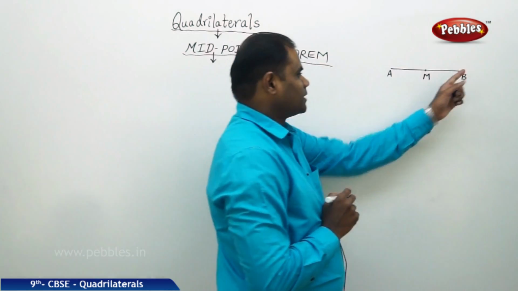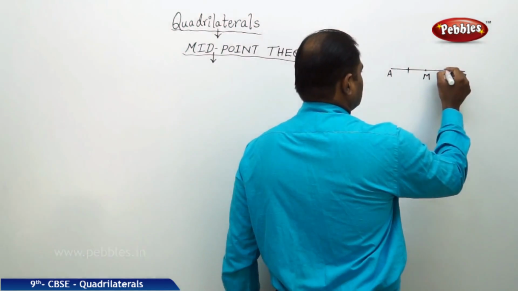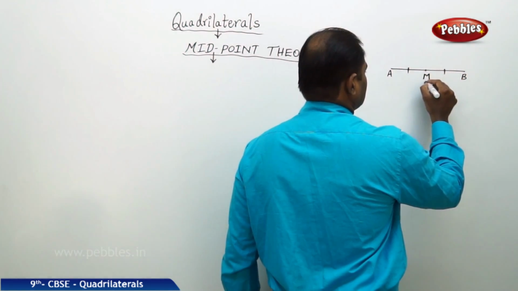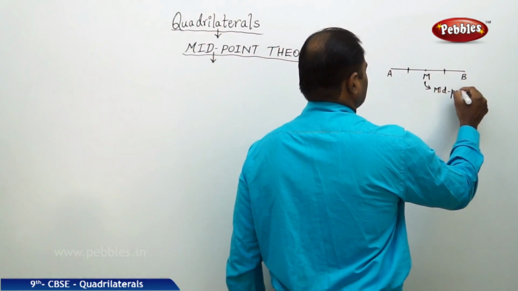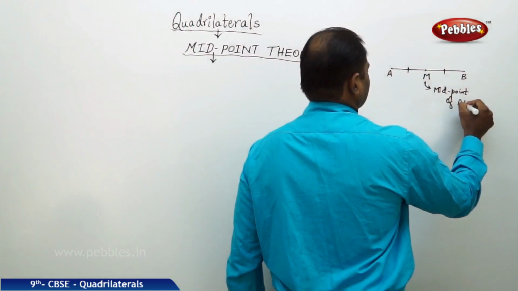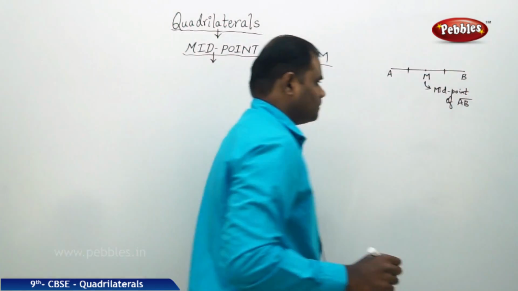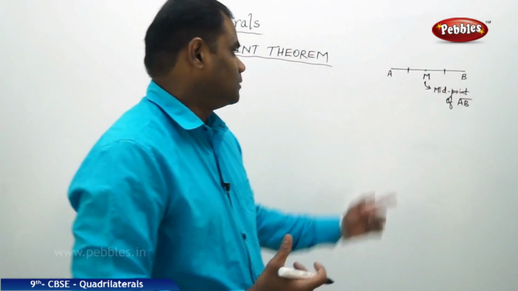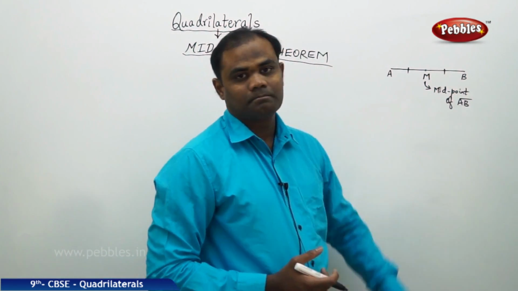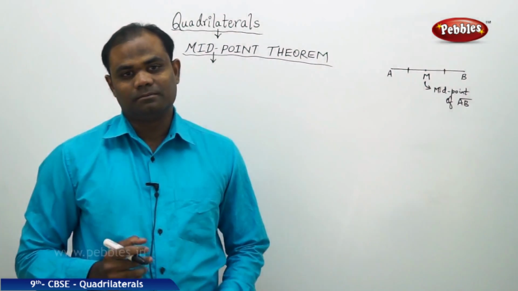So in this line segment, this equals this, and M is called the midpoint of line segment AB. Here is M, exactly in the middle.